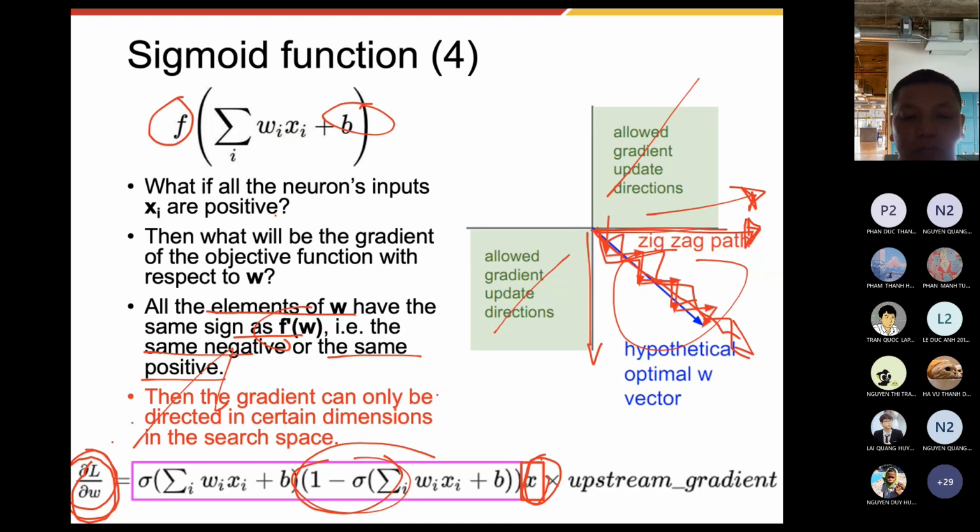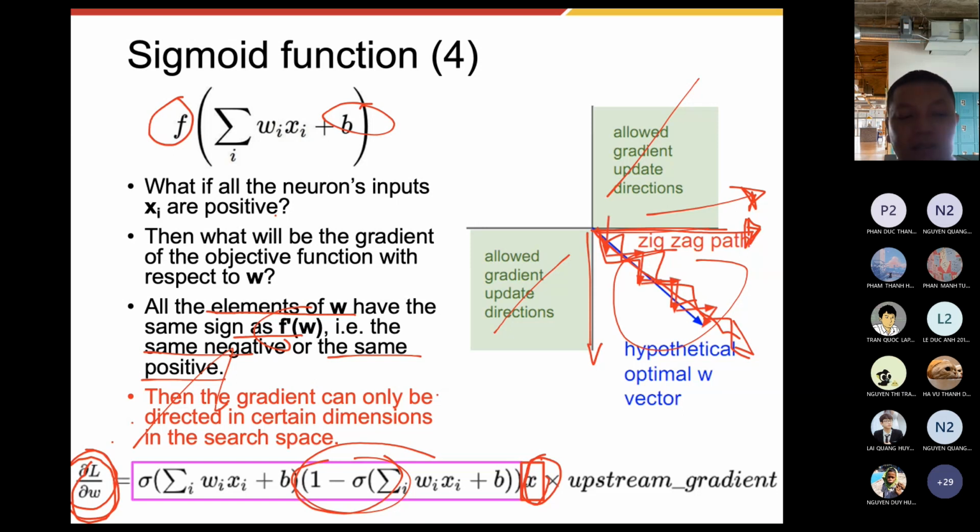Okay. So this part is always positive, right? And this is the upstream gradient, which is calculated the same way. So in this case, the sign of this output will have the same sign as x. If x is positive, then this is positive.